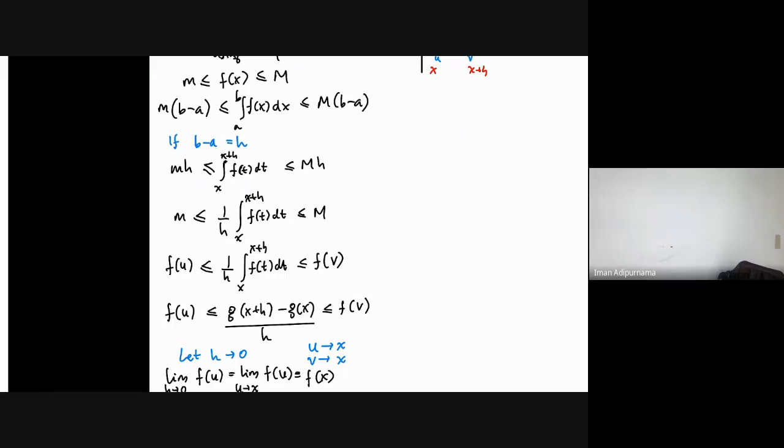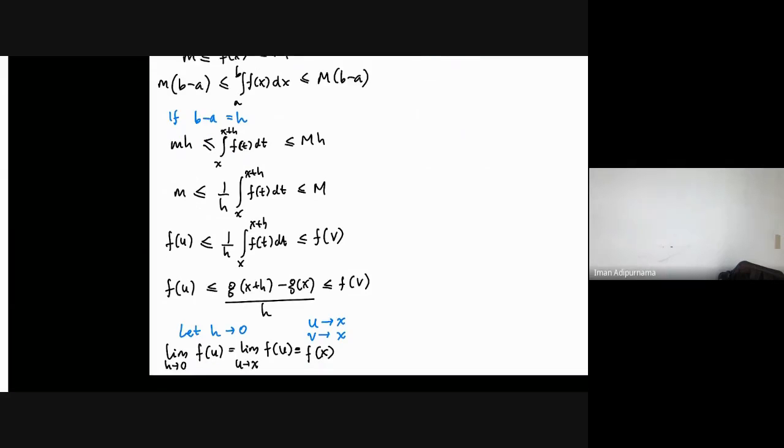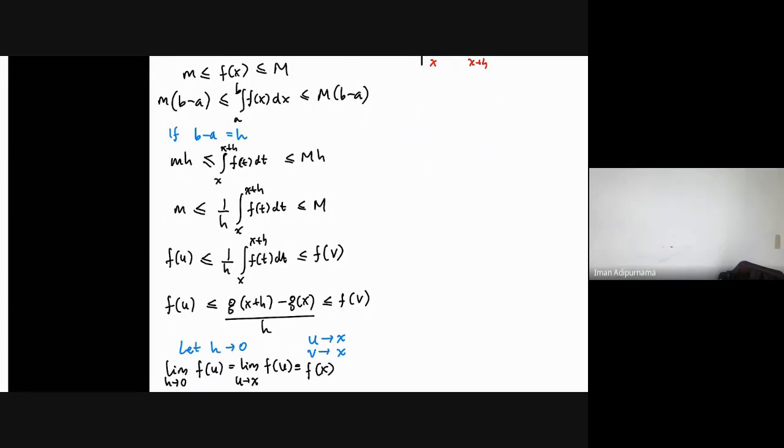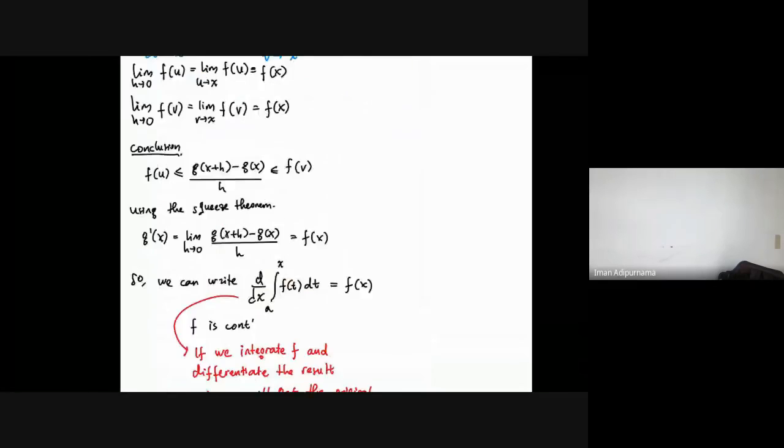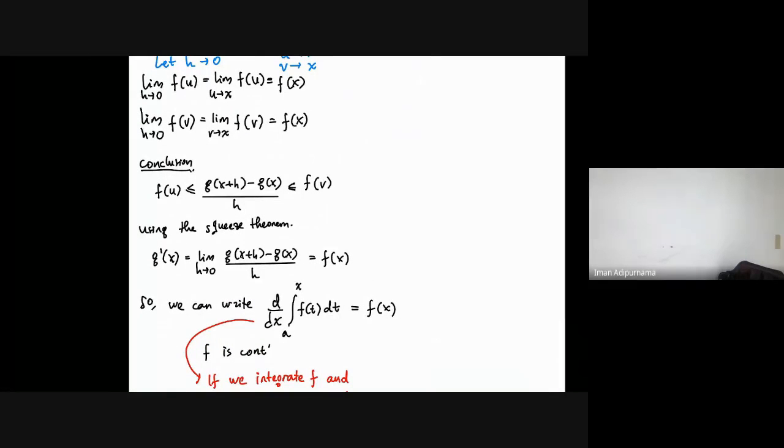As h approaches 0, u will be x because it's x plus h; if h is 0, then u is only x. And v is also x plus h, so it's also x. Using the same limit, both f(u) and f(v) will become f(x). So using the squeeze theorem, we conclude that g prime is f(x).